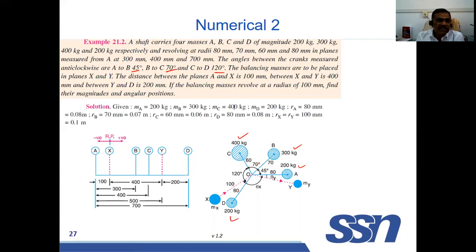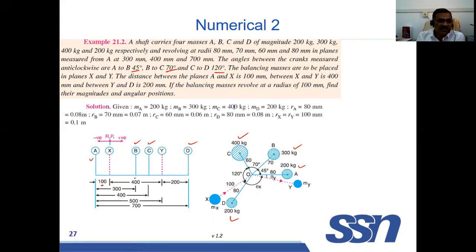So these are all the radii and distances. If you see the positions of planes A, B, C, and D, the distance between the plane A and X is 100 millimeter. Between X and Y, this is X, this is Y, it is 400 millimeter.